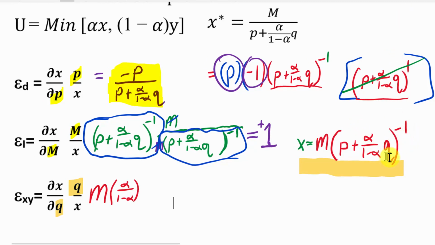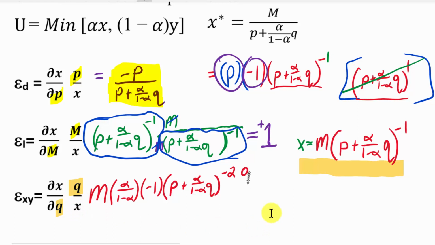Then the derivative of the outside: we have that minus 1 multiplied times the whole thing, p plus alpha over 1 minus alpha q. Subtract 1 from that exponent and you get the minus 2 power. And then we are multiplying all of that times this price of good y over x.